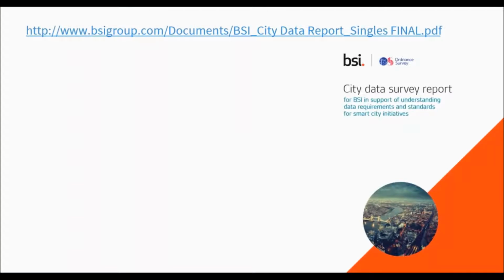So when Ordnance Survey got into the field of smart cities, which must have been about a couple of years ago, one of the first pieces of work we did was to work with the British Standards Institution on a city data survey report. What we did there was to interview 30 cities around the world about the data needs that they would foresee for the future.